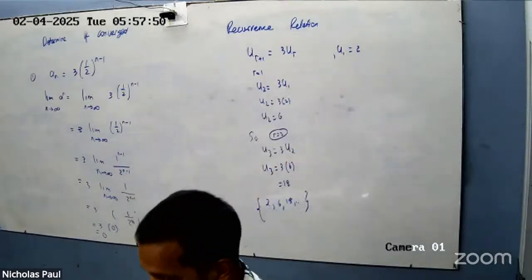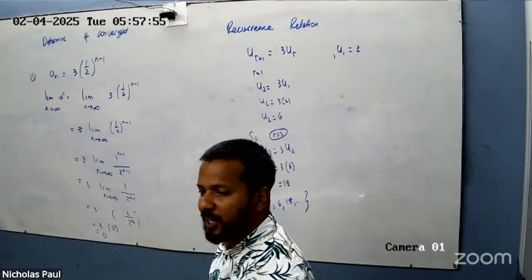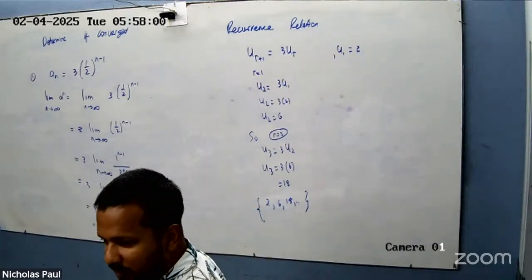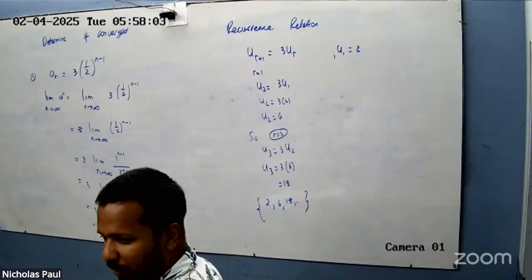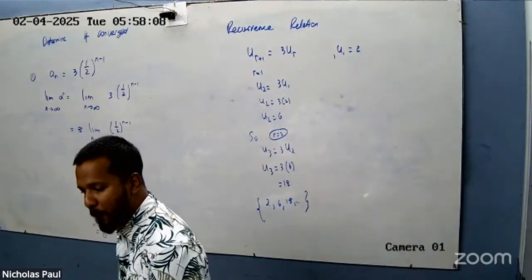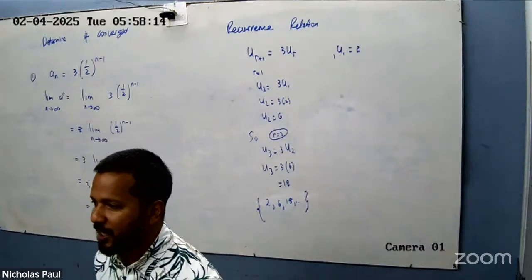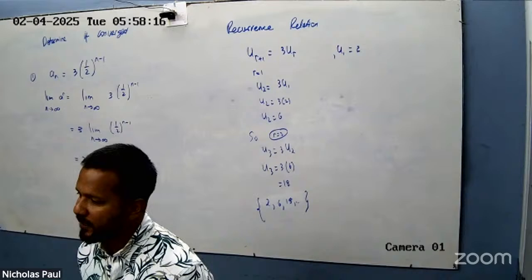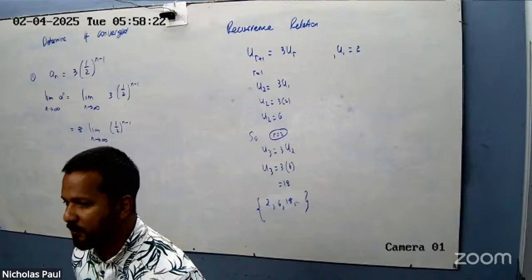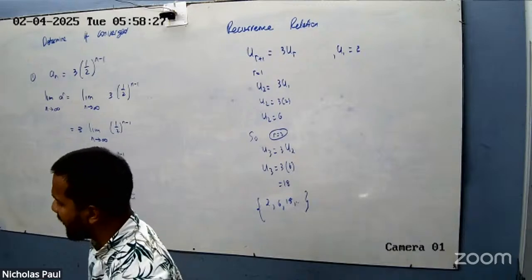A recurrence relation occurs when, take a small note, a previous term is needed to find the preceding term.